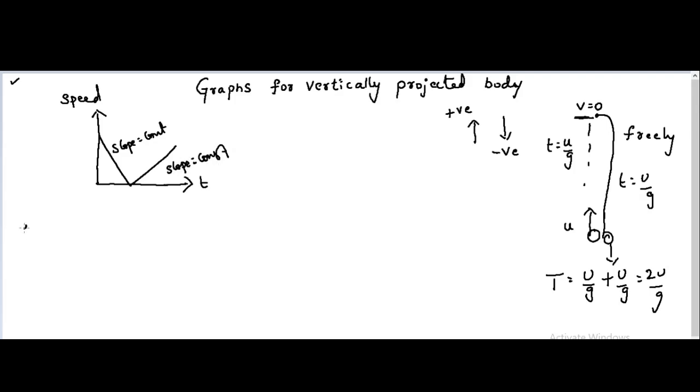We know that the slope of a v-t graph gives acceleration.